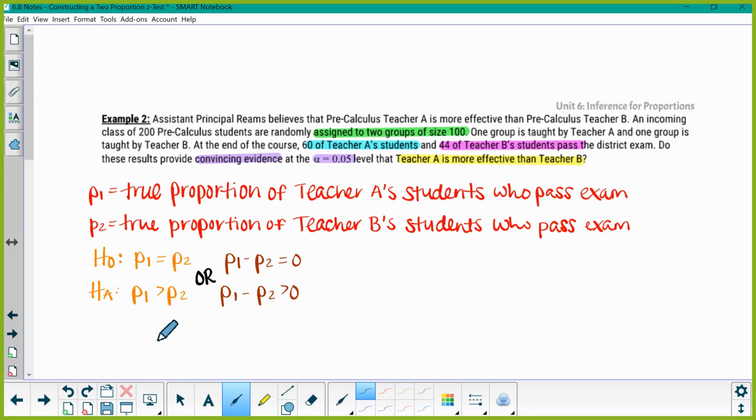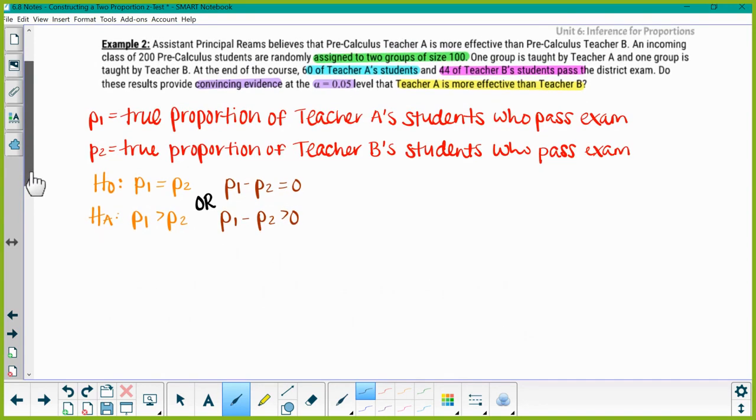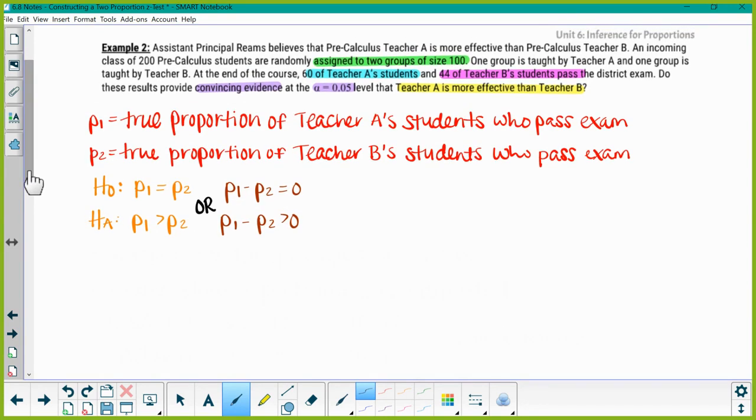I have my hypotheses. Now I need to go in and check my assumptions and conditions. Now this is a little bit different because technically I'm doing an experiment. I am assigning students to a teacher to see what the results would be. So I don't necessarily have an SRS. I was given 200 students.